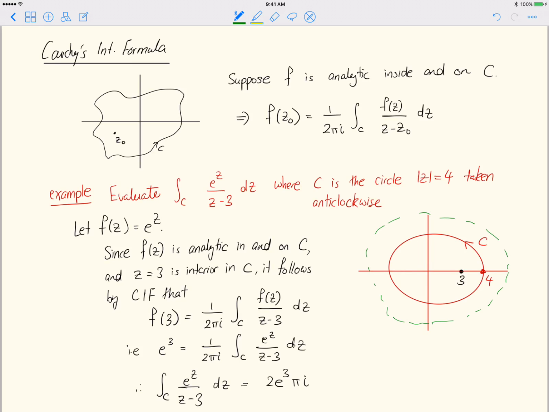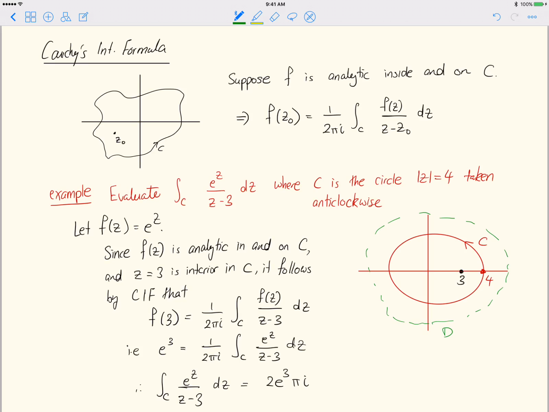I can easily draw a simply connected domain D which contains C, but the problem is that my function e to the z on z minus 3 is not going to be analytic inside D, right? Because you can't have a denominator of 0, that function is not going to be analytic at 3. And for that reason, I can't use Cauchy's integral theorem, and I have to go with Cauchy's integral formula.